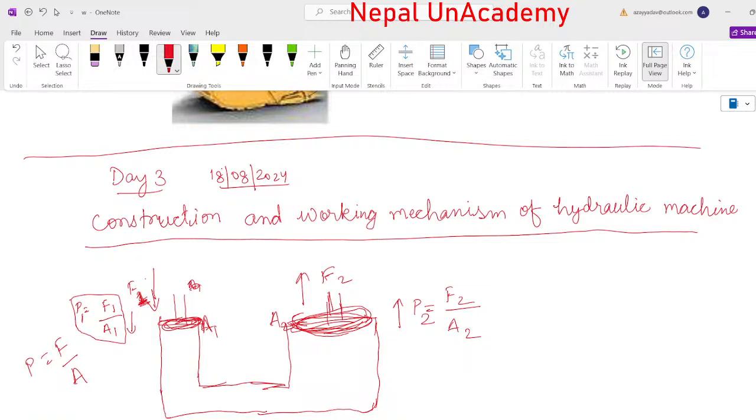Some examples of hydraulic machines you can see in the hydraulic lift. We have already seen how a hydraulic lift lifts a car in industry or any other places. Some examples of hydraulic machines are constructed in various designs, shapes and sizes depending on their uses.